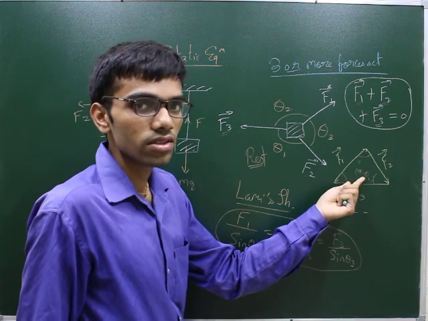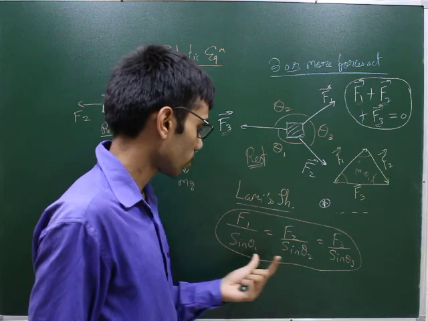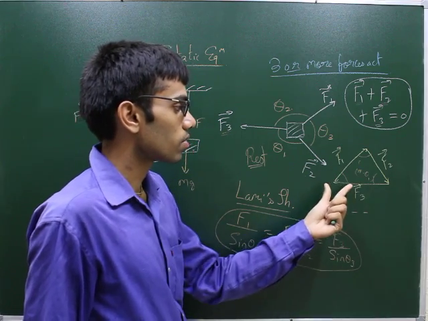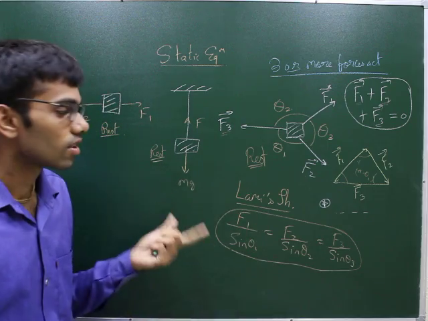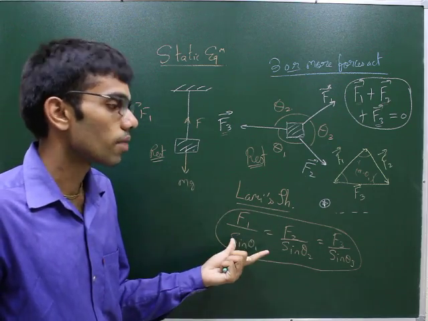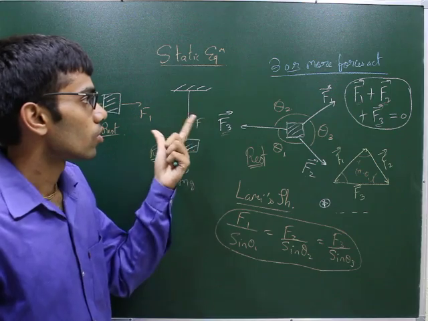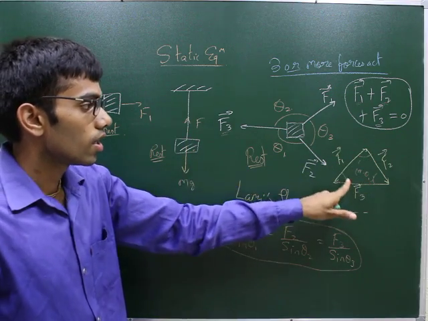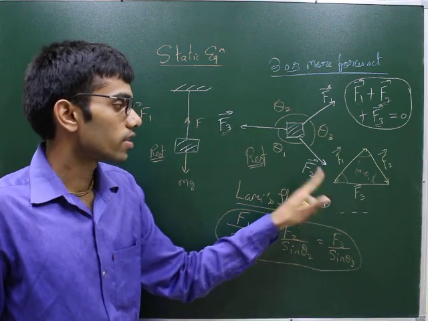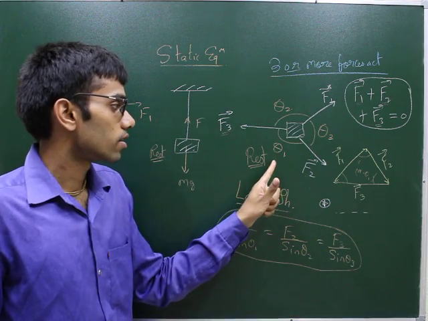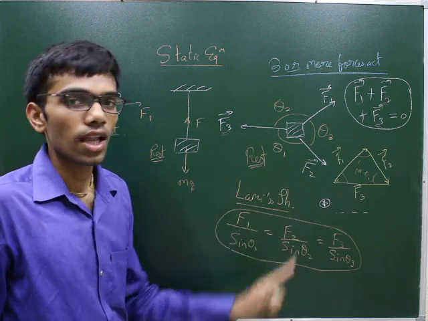F1 by sine of pi minus theta 1, that will be sine of theta 1, then F2 by sine of pi minus theta 2. So accordingly you derive. Derivation की ज़रूरत नहीं है. We can just learn this formula, Lami's theorem. Okay. So if three forces are acting on the body, they should be acting along a triangle, and then the sum can be 0, and their relationship can be found using Lami's theorem.